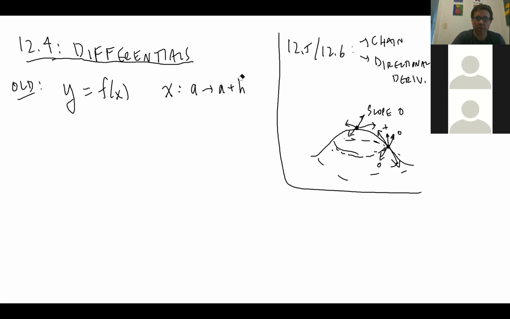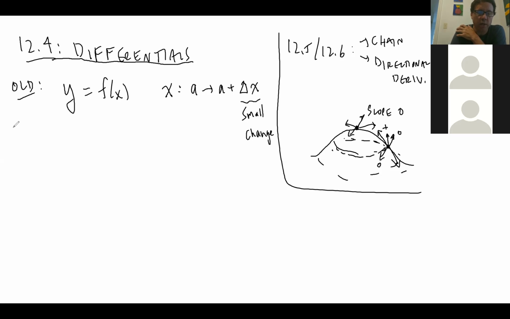I'll just use the format that we have. We need delta x there. So delta x is some small change in x. So you might know what's happening at a, but what happens if you tweak it just a little bit? You know what's happening at a plus a little amount. And we're going to do some examples so you can see what's going on. If x changes, what happens to y?